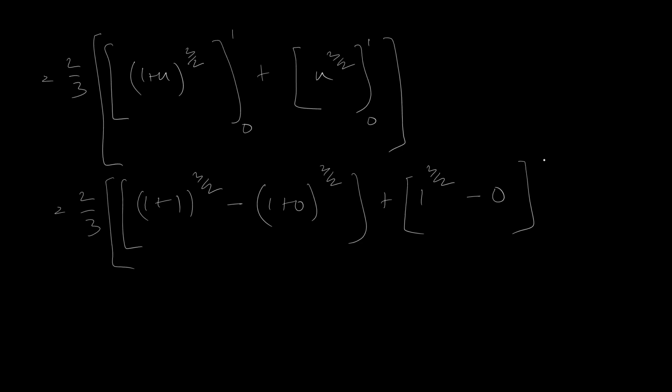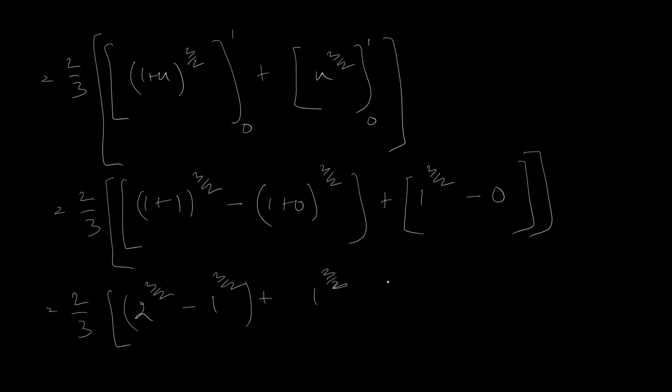So this is 2 by 3 times, 2 to the power 3 by 2 minus 1 to the power 3 by 2 plus 1 to the power 3 by 2.